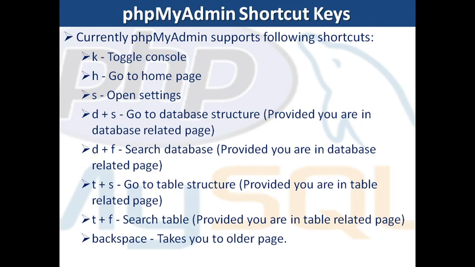D plus S, go to database structure, provided you are on a database related page. D plus F for search databases, provided you are on a database related page. T plus S, go to table structure, provided you are on a table related page. T plus F for search table, provided you are on a table related page, and backspace takes you to the older page.